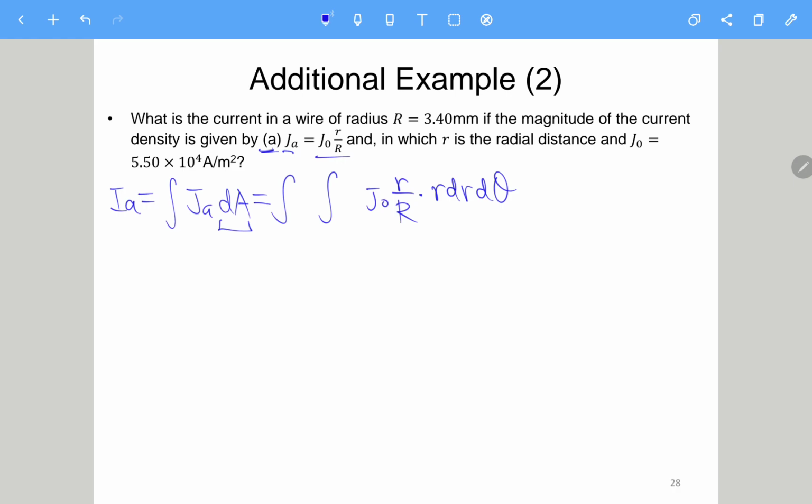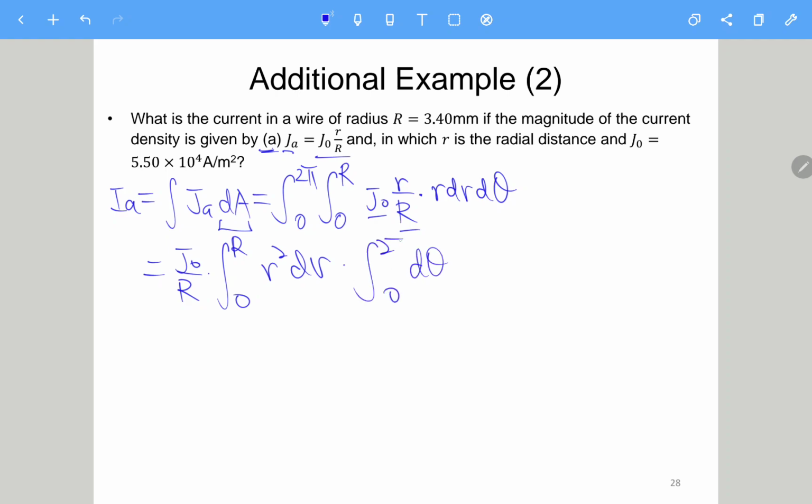So here we consider the whole circle. So we integrate from 0 to capital R, and then for the theta, it's from 0 to 2 pi. Okay, so we just move J0 and capital R out. It's J0 over capital R, and then we have r squared dr from 0 to capital R, and then integrating d theta from 0 to 2 pi.